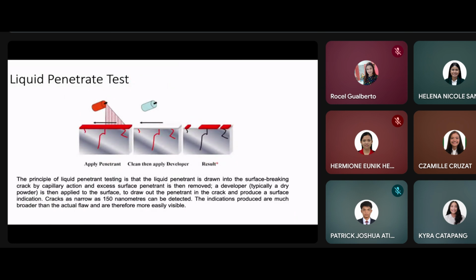After a period of time called dwell time, excess surface penetrant is removed and developer is applied. This acts as a blotter that draws the penetrant from the discontinuity to reveal its presence. So by using this technique, we can easily find minute cracks on the surface.